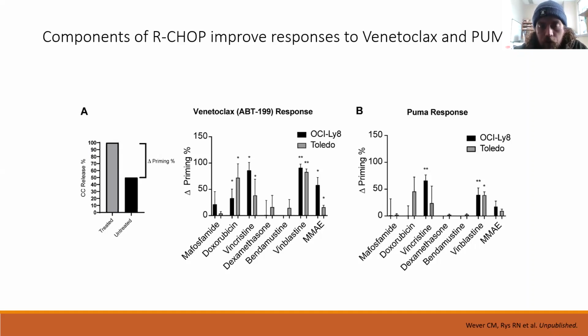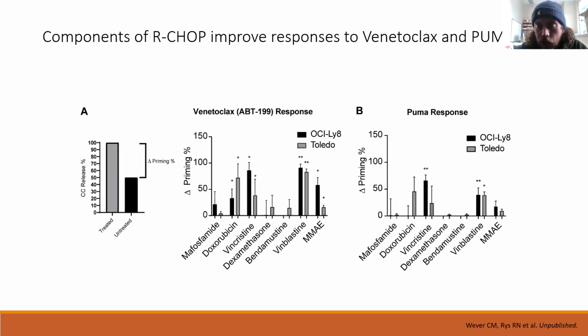And what we were able to see here is that certain pre-treatment with these drugs before BH3 profile increased the responsiveness of these cell lines to venetoclax, specifically mitotic inhibitors like vincristine, vinblastine, and MMAE.